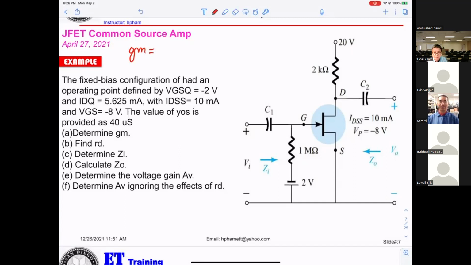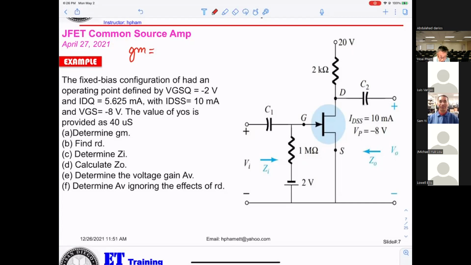Okay, who can tell me? GM0 times 1 minus VGS over VGS off.